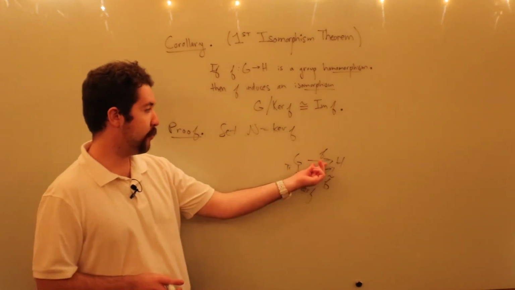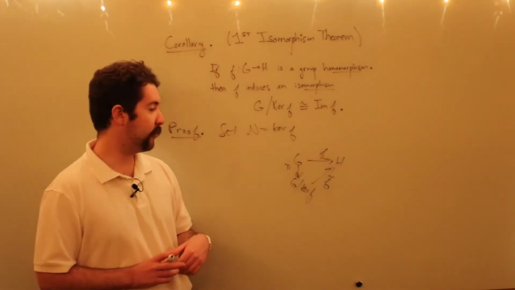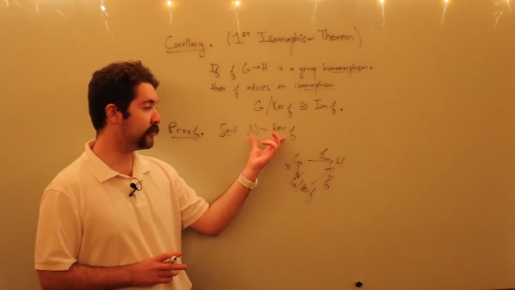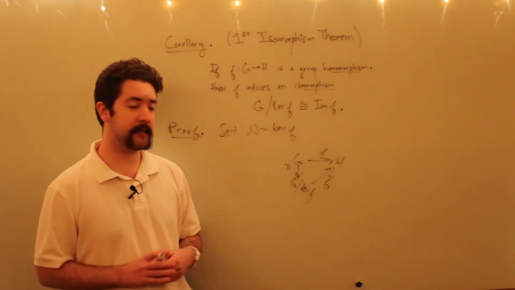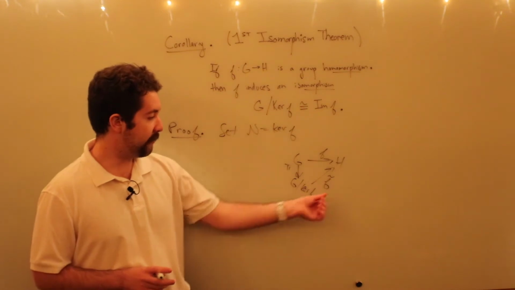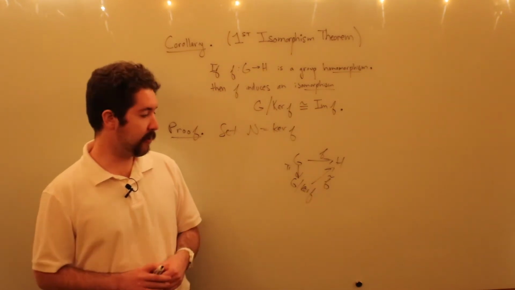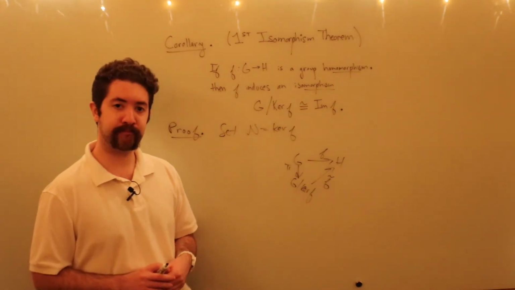So this is an epimorphism. And we also have that N is equal to the kernel of F by supposition, so that F tilde, by our previous theorem, is an isomorphism.